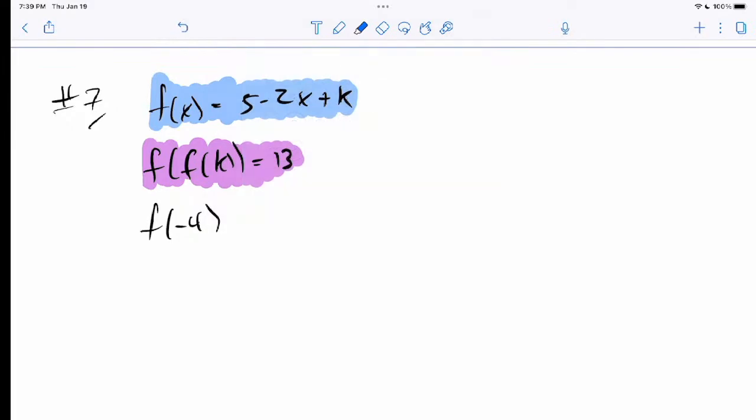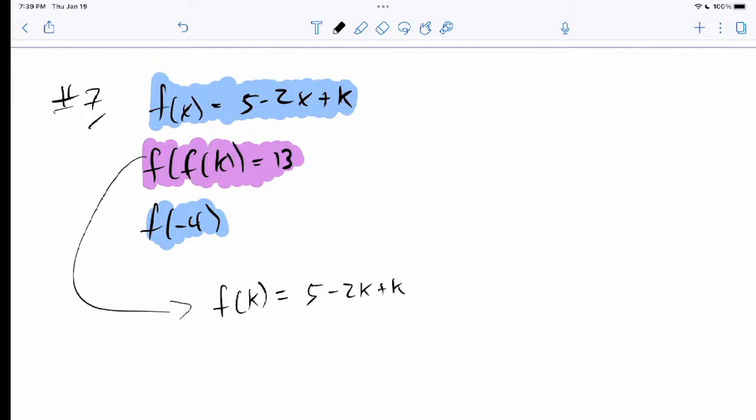And they want you to find the function at 4. So first of all, what is f composite f at k is 13? Let's find what is f at k. Well, f at k is going to be 5 minus 2, everywhere I see an x, I change that to a k. So you get f at k is 5 minus k.